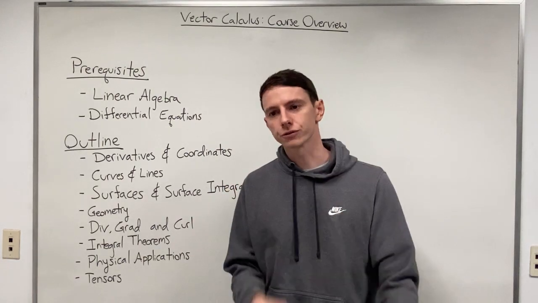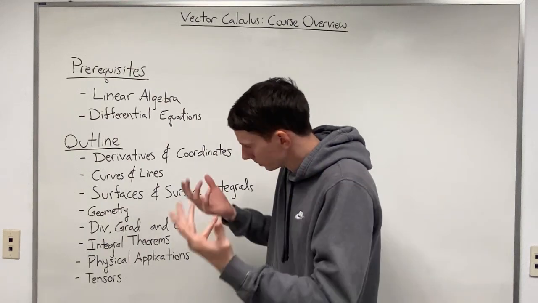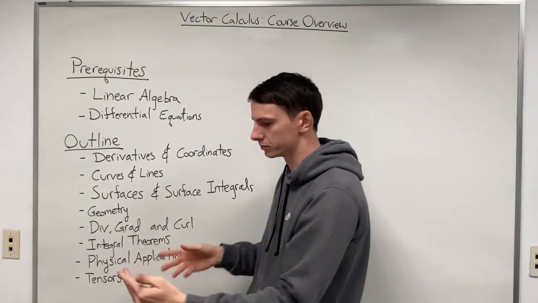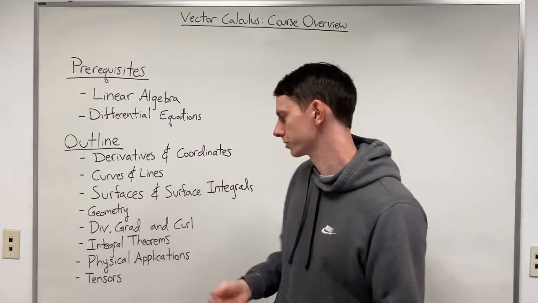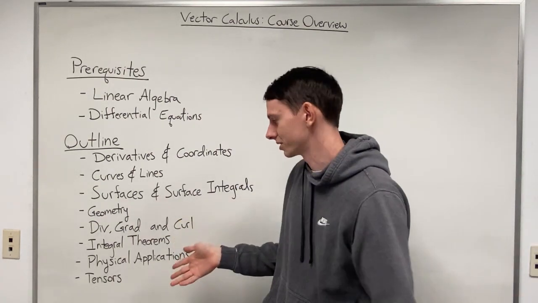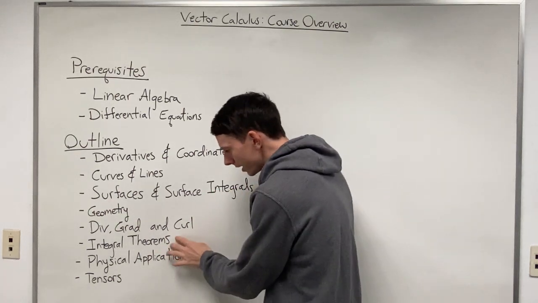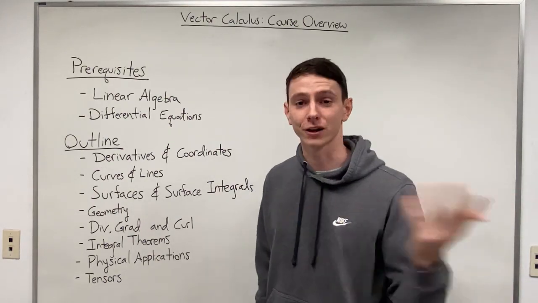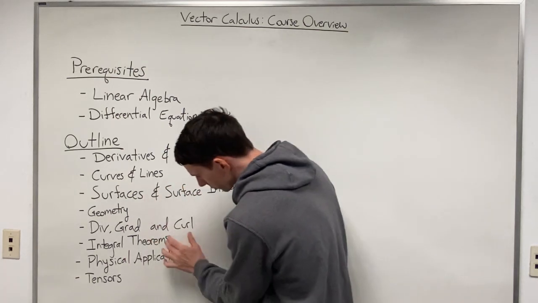So we'll be looking at these interesting results, and the goal on my end is that I can explain the divergence, gradient, and curl in such a way that the integral theorems almost just naturally lay themselves out. I don't want to say that they're trivially true, because that's almost minimizing the beauty and interestingness of these theorems, but I hopefully want to show that these theorems do not need to be these intimidating things that they were to me when I first took vector calculus or courses involving vector calculus. Okay. So that's what we're going to cover there.